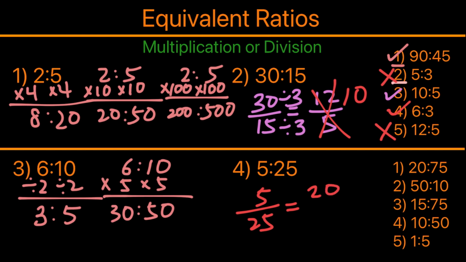We'll take the first one, 20 over 75. 25 would need to times by 3 to get to 75. And if we take 5 times 3, unfortunately it becomes 15. So 20 to 75 is not an equivalent ratio to 5 to 25.